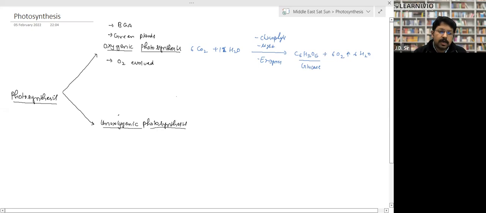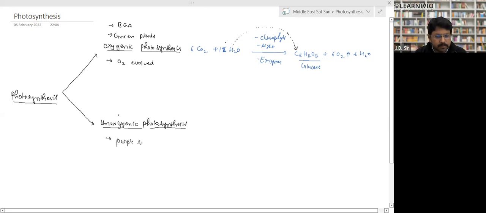This water is the hydrogen donor to the food. Water gives hydrogen to this carbohydrate, so the glucose gets hydrogen from the water only, and oxygen comes out. Here the hydrogen donor is not water, right? Basically it takes place in purple sulfur bacteria.